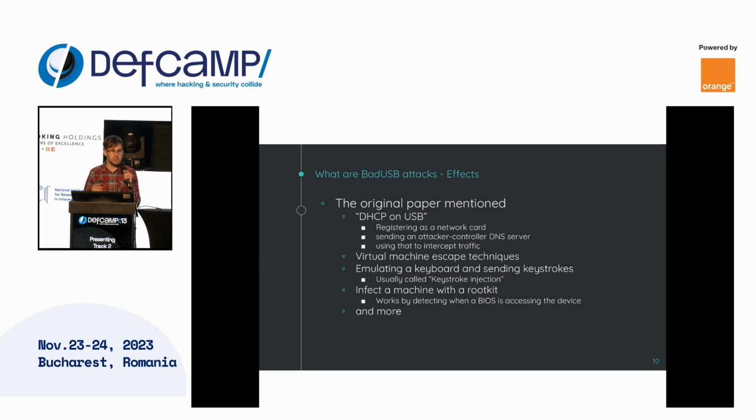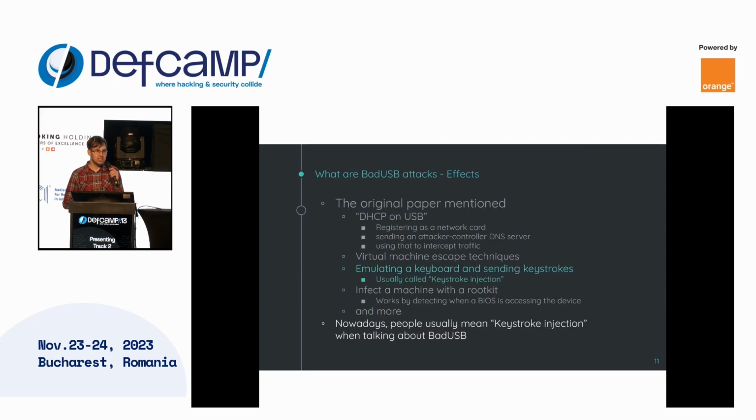That was really advanced. They took advantage of the BIOS and stuff like that. And again, if you're curious, go and watch that talk. It's pretty cool. However, nowadays, when people say BadUSB, they usually mean keystroke injection. Things that will behave like a keyboard.